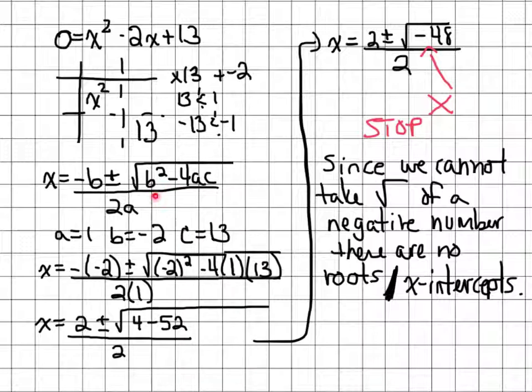If it happens to be positive, as in the previous examples, then we can take the square root, and we have a plus or minus square root, so we have two possible x-intercepts. Now, if all of this adds up to 0, we only have one x-intercept, because the square root of 0 is 0. And so that's how we can tell how many x-intercepts there are. So I'm going to write that down on the next slide.